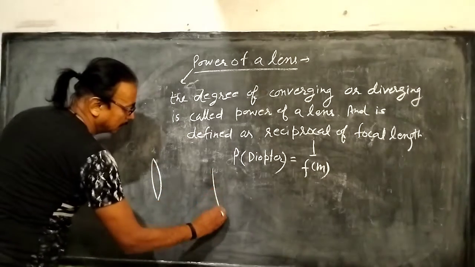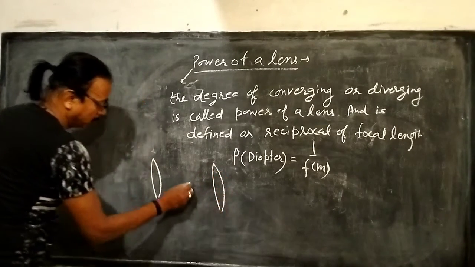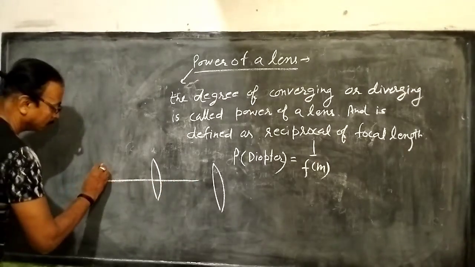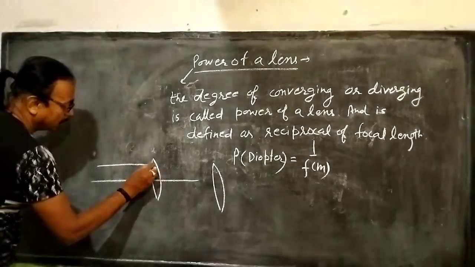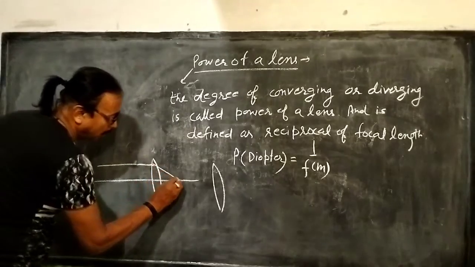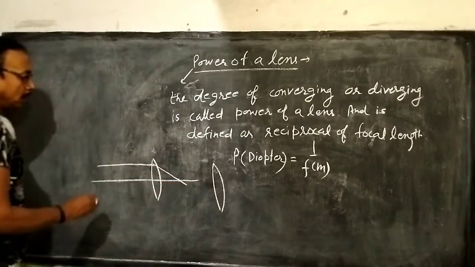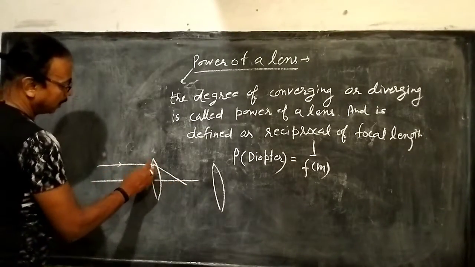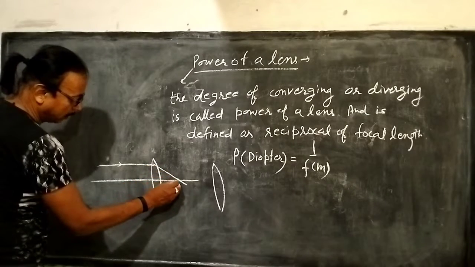Suppose there are two lenses. This lens converges the parallel incident rays at this point.